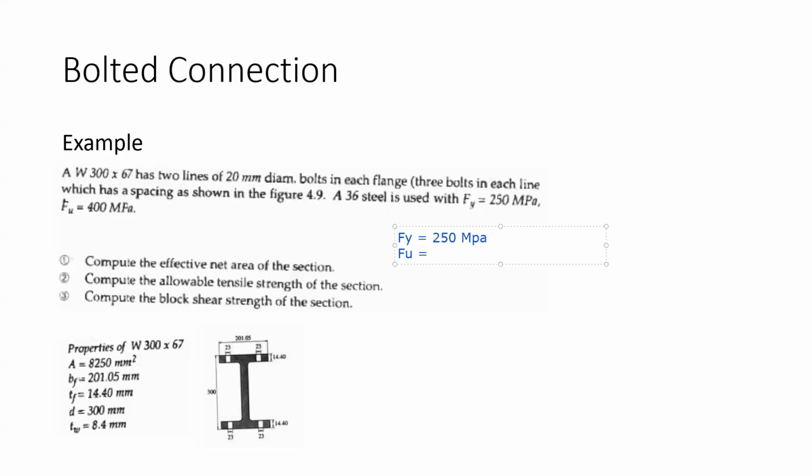Fu is equal to 400 megapascal. A is 8250. BF is 201.05. TF is equal to 14.40. D is equal to 300. And TW is equal to 8.4.